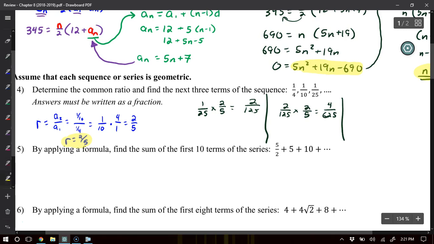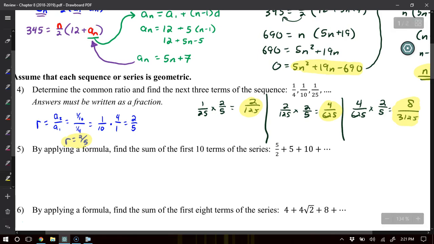So I have 1 term, I got 2 terms afterwards, I need to do 1 more. I have 4 over 625, multiplied by 2 fifths. So that's 8 over 3,125. There's your next 3 terms.